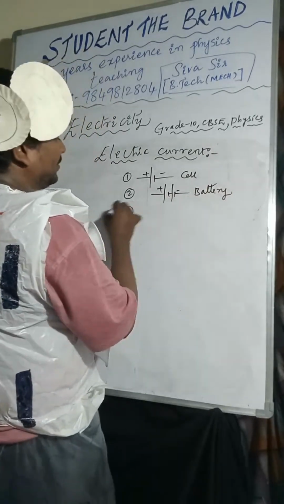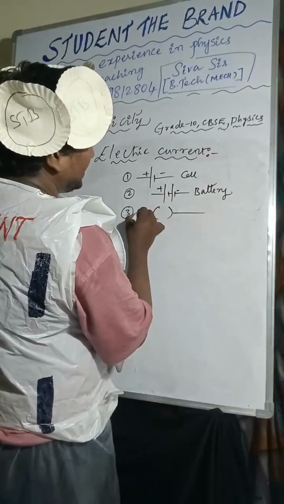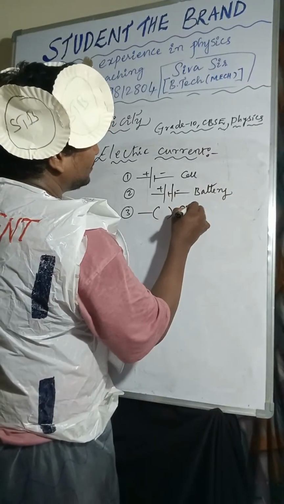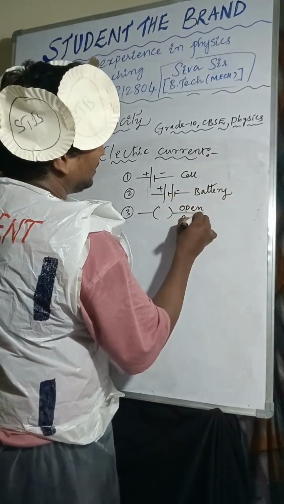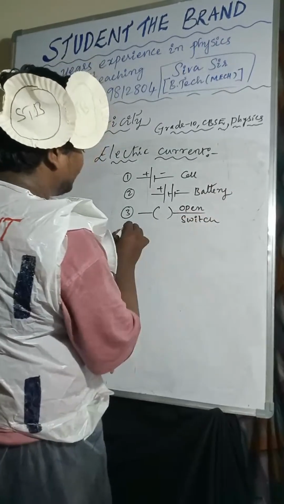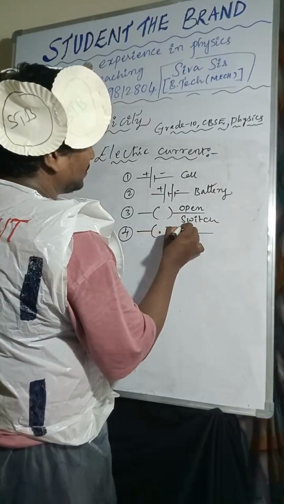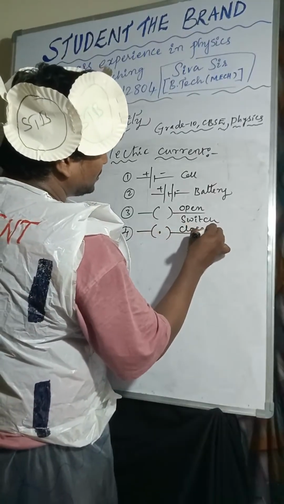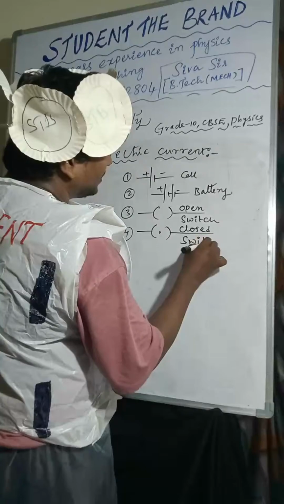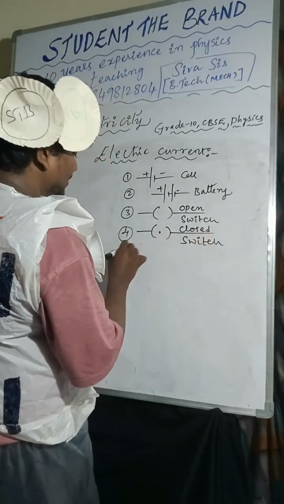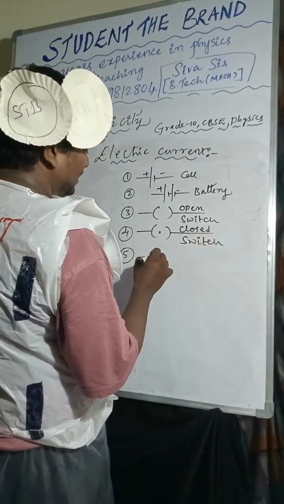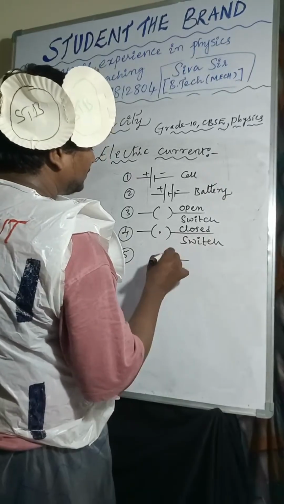And third one, the switch. This is the open switch, and coming to the fourth one, the closed switch. This is a closed switch. And the fifth one you can consider the bulb. This is the bulb symbol.